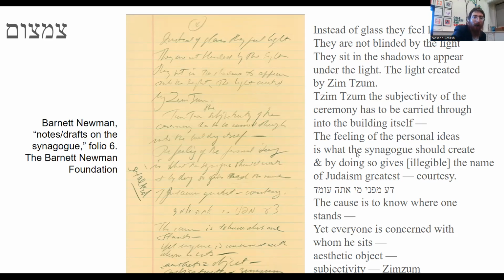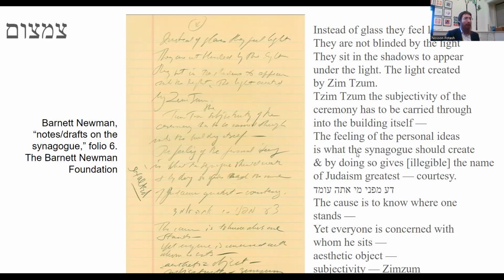So I could say a lot more about what he wrote in his notes and in his artist statement about the synagogue design. I'll just say one example. He says, this synagogue that I designed, it's not that the building is a beautiful building. The art happens when the Torah is read in the synagogue. That's when the art happens, right?